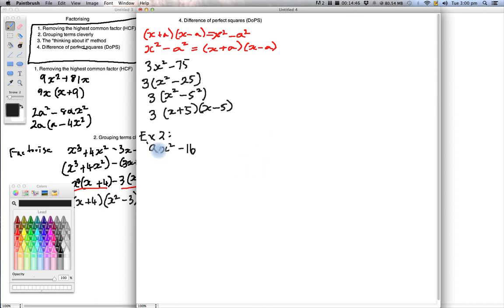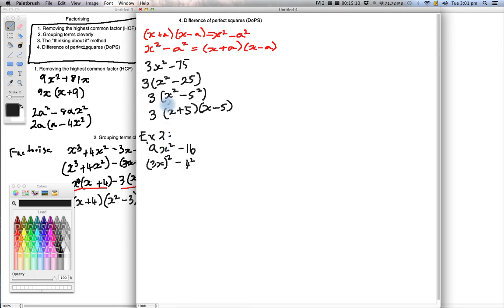So first, I notice this is a perfect square, so 16 is 4 squared. And 9 is actually a perfect square as well, it's 3 squared. So I could change 9x squared into 3x all squared. So you see how that's the same? And I'm changing my 16 into 4 squared.